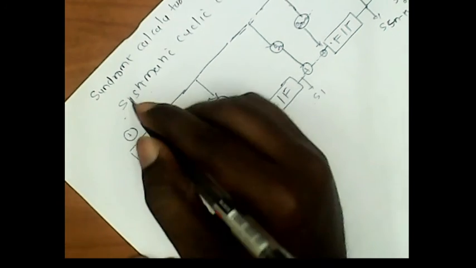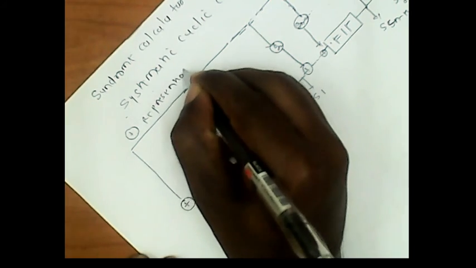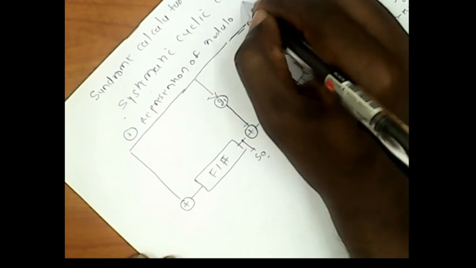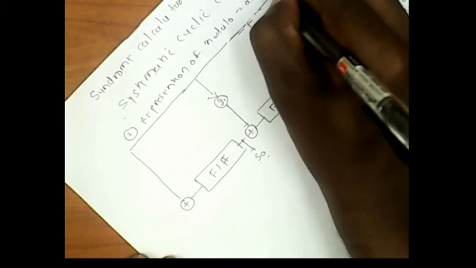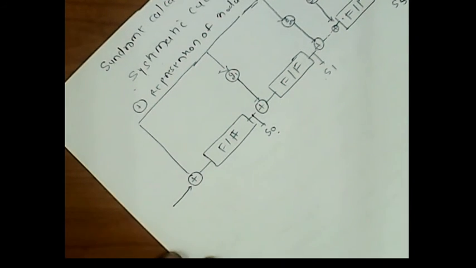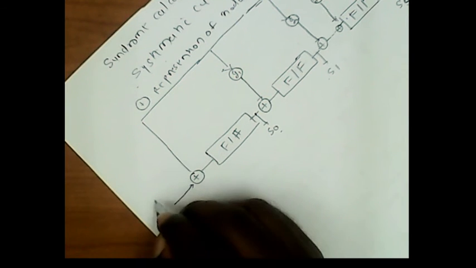This plus is the representation of a modulo 2 adder, okay, and here the input for the second XOR is your received code vector or received polynomial, that is y.